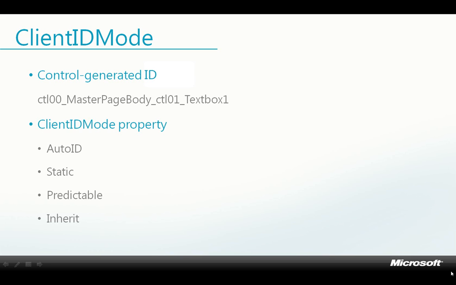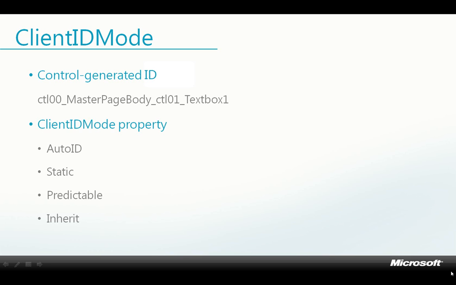And it can look something like this one at the top, because the algorithm for generating IDs involves concatenating the naming container, which acts like a namespace for controls, because it ensures that its child controls' names are unique on the page. And then sometimes it adds a prefix and a sequential number, and basically IDs can get pretty complex.